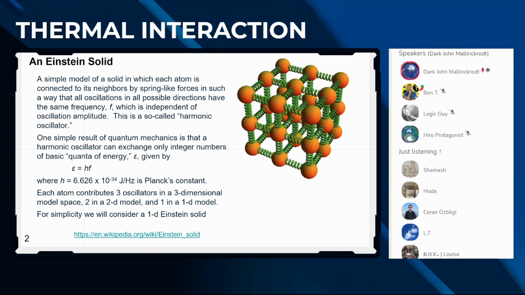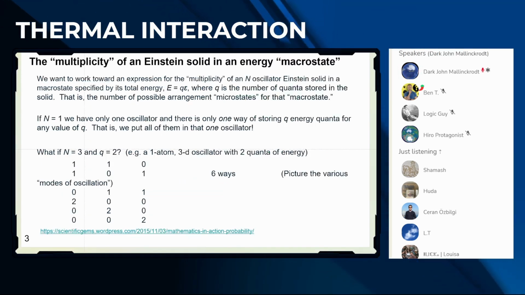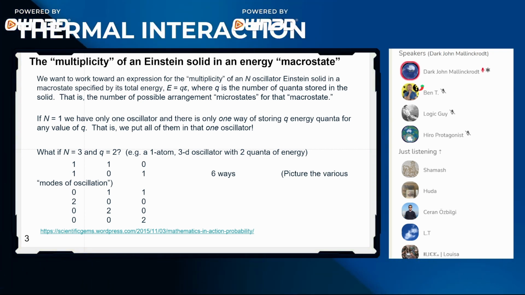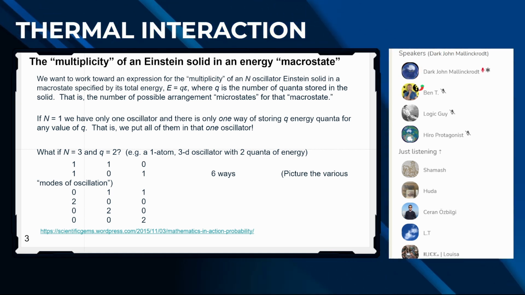So let's go on to slide 3. We want to find the multiplicity of an Einstein solid in an energy macrostate, just to remind you what I mean by that. In this case, we're going to talk about an Einstein solid with a certain amount of energy. And then the question is, how many ways can the Einstein solid have that much energy? What is the multiplicity?